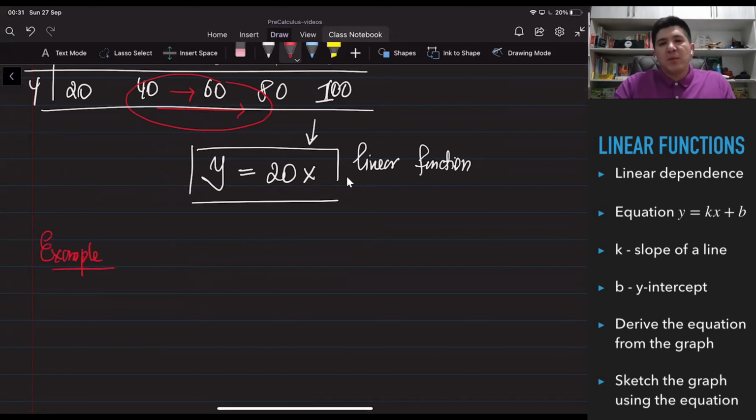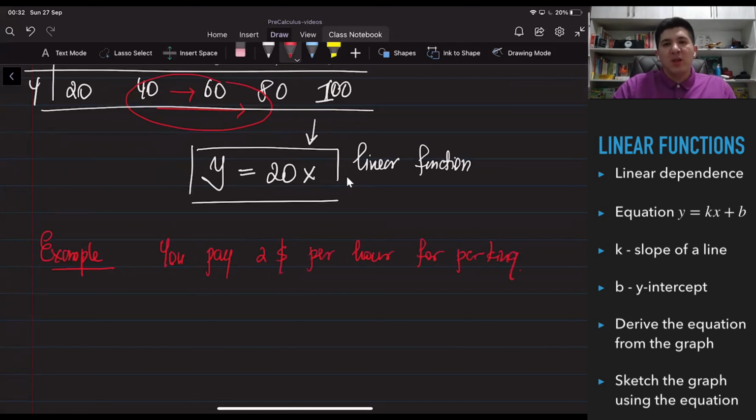So let's say you would like to park a car into a parking slot, and you are going to be charged $2 per hour for the slot. So you pay $2 per hour for parking your car.